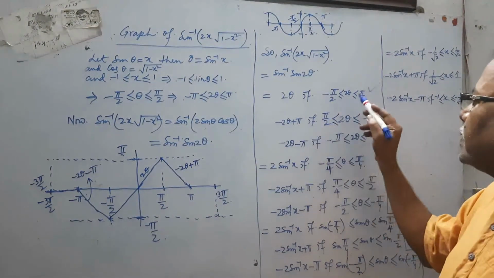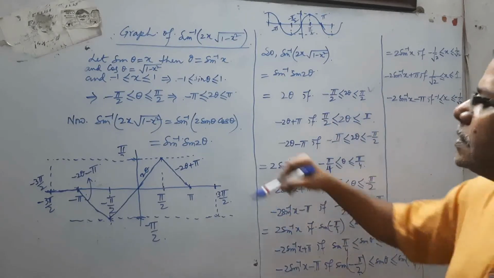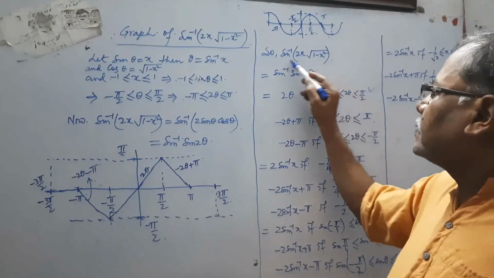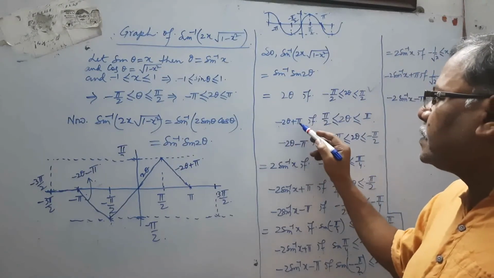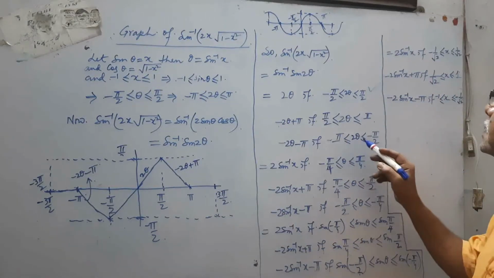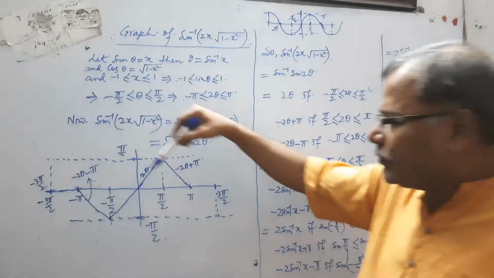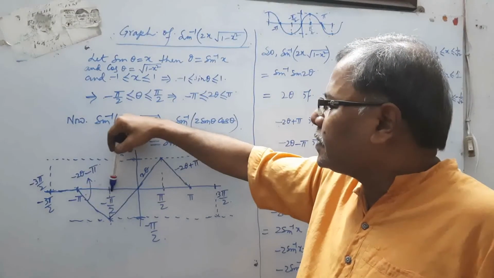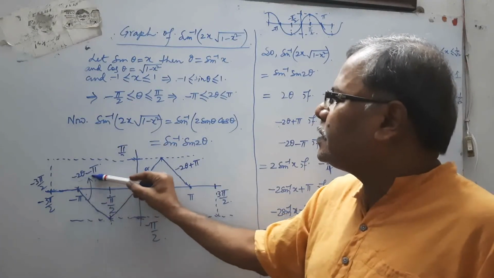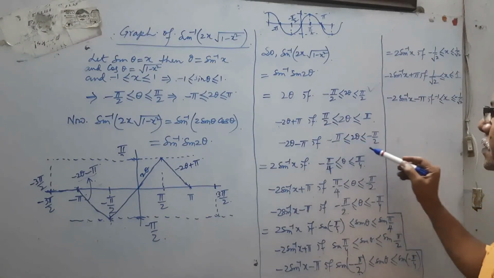Similarly, if we are considering the interval pi by 2 to pi, then this whole thing will be taken as minus 2 theta plus pi. And if we are considering the interval from minus pi to minus pi by 2, then this straight line is representing minus 2 theta minus pi. So far we have reached up to this point.